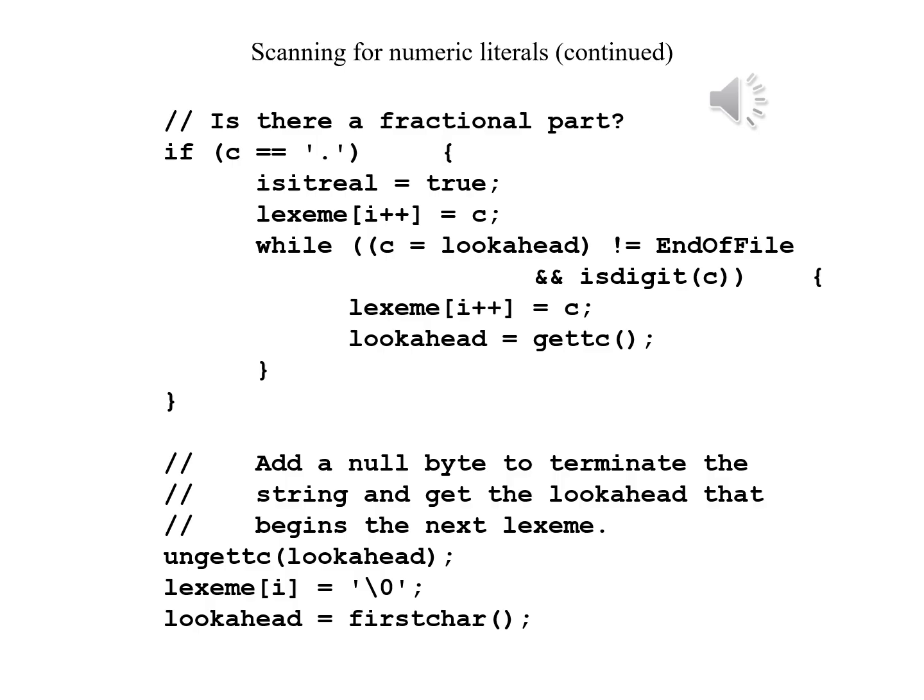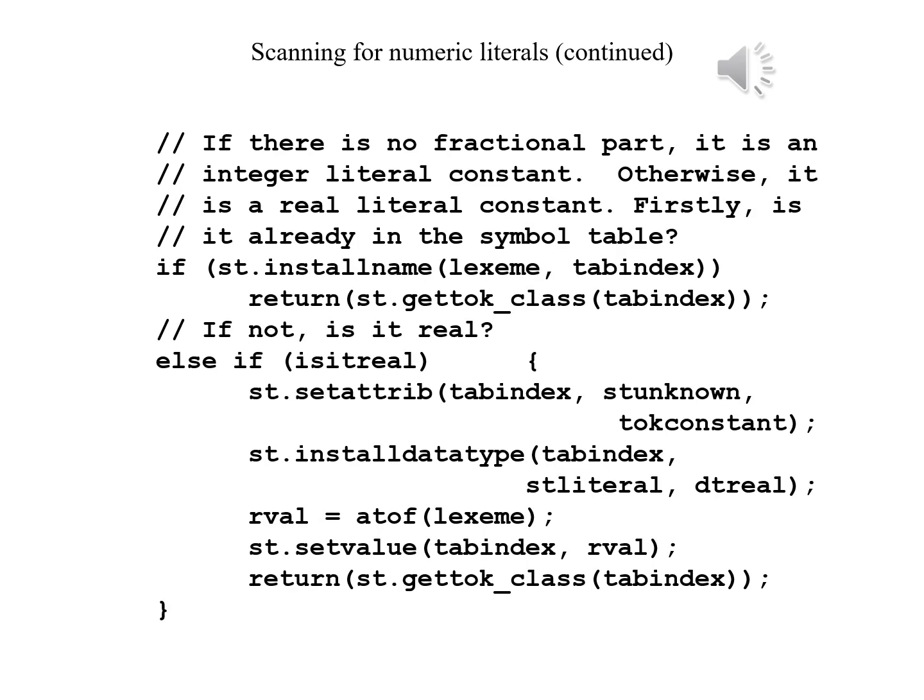At the end of all of this, we are going to add a null byte to terminate the string, and we will then get the next look-ahead for the next lexeme. We're not going to look for E because this particular language does not include numbers with exponents.